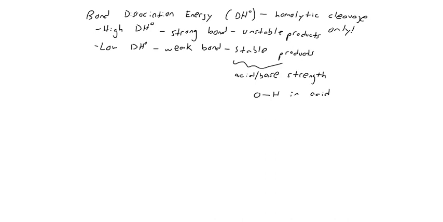In terms of alkanes, which is what this video is focused on, we can look at a couple different types of CH bonds. We can have a methyl CH, where we start with CH4, and then we take a look at one of those bonds.